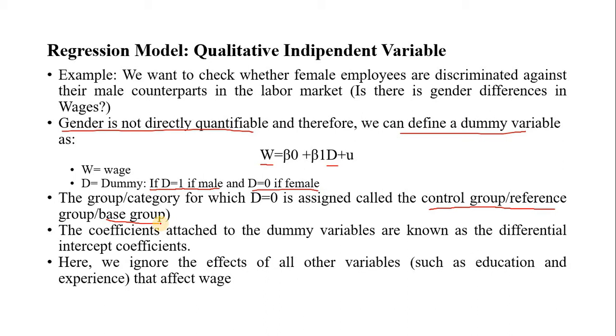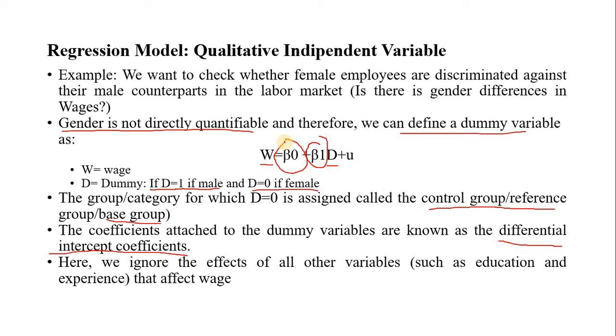Then this beta 1 is called the differential intercept coefficient. It is not a slope coefficient, but a differential intercept coefficient, and beta 0 is the intercept coefficient. But the interpretation will be different from that of the earlier type of regression model.